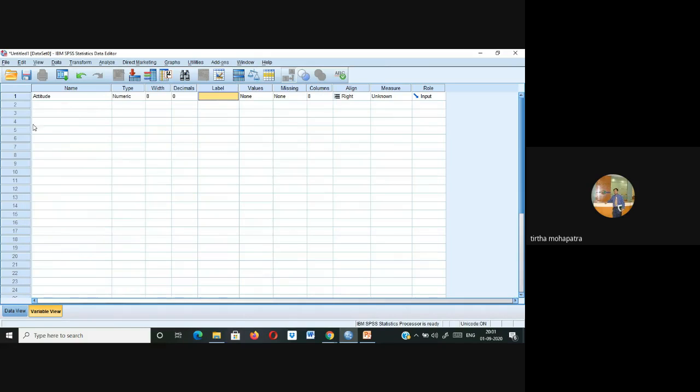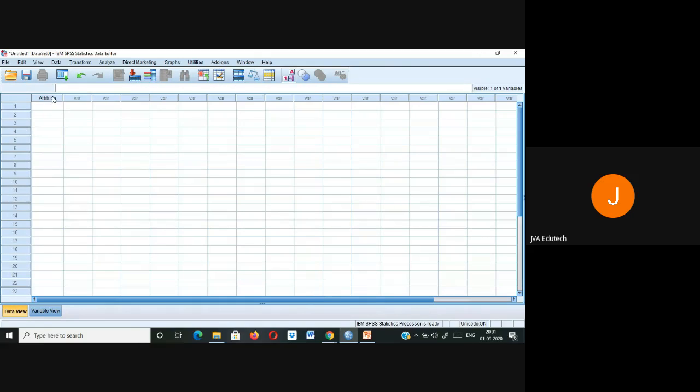So now coming to the data view, this variable is created. Let's say respondents have responded like this: one, four, two, one. I have entered six responses as values on attitude. The people have responded from one to five on the question on attitude, and as per their response, I have entered here.